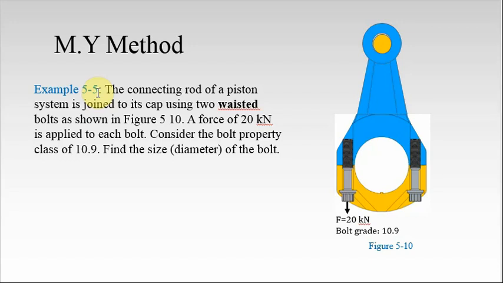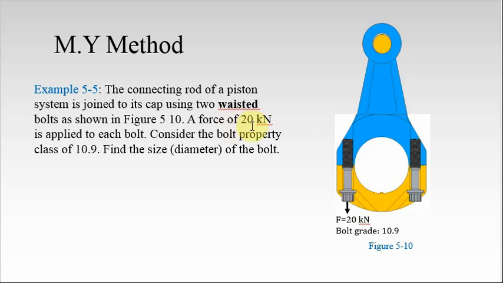Okay, let's get back to Example 5.5, which is related to the piston system, a connecting rod of a diesel engine. The connecting rod of a piston system is joined to its cap using two waisted bolts, as shown in Figure 5.10.